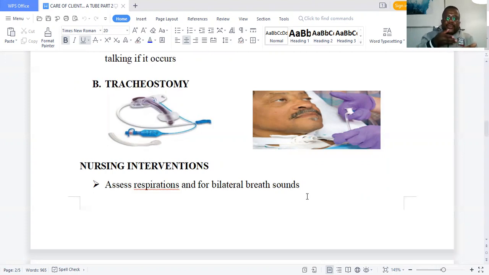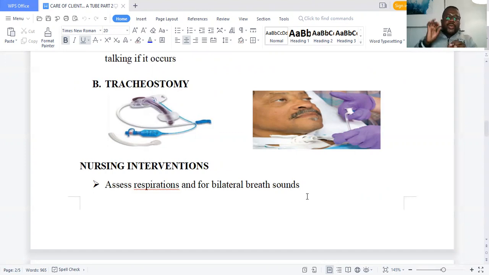You have to always check to be sure that the tracheostomy is in the right position. Like we saw with the endotracheal tube, it has to be above the point where the trachea divides into two bronchi, right? This is the right point where it has to end.